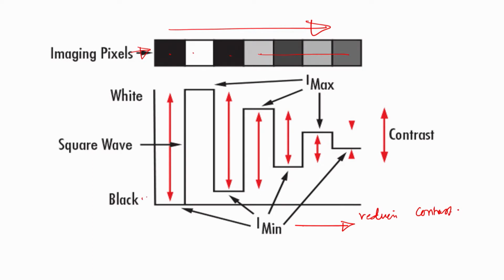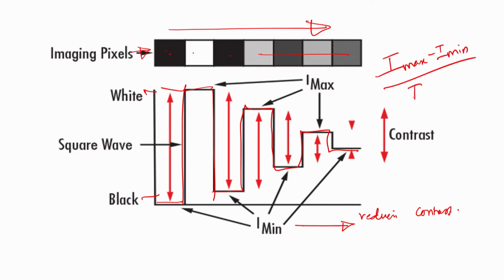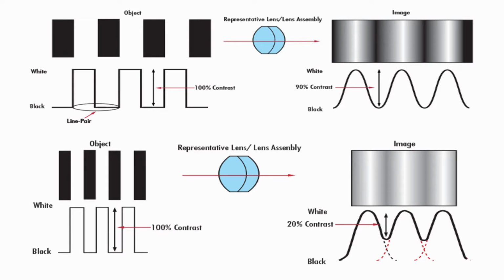The black is reduced, and finally we reach some level. Again using the definition we have written, I max minus I minimum divided by I max plus I minimum will tell you what the contrast is over here. This contrast is what limits the resolution.